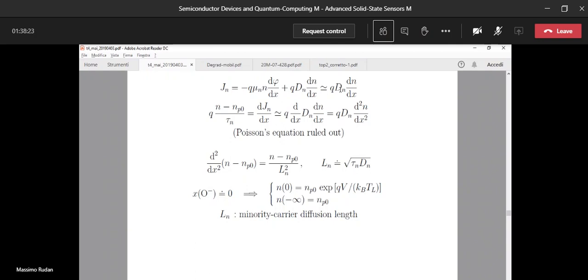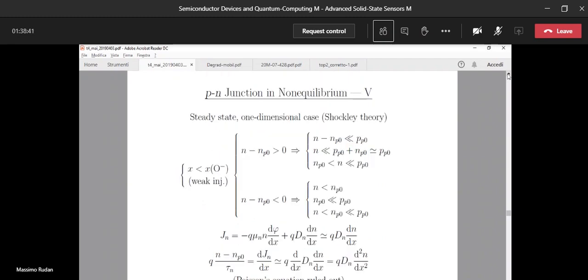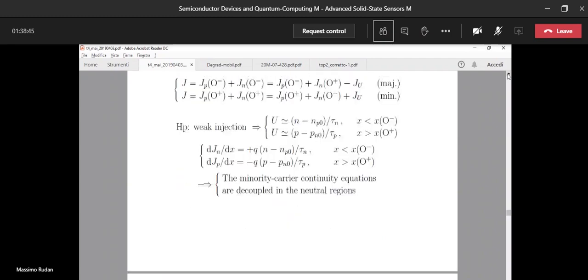So now we have Jn that is approximately equal to Q dn over dx. And then two pages earlier, we had the continuity equation for the electrons in the p region, that is this one, okay?